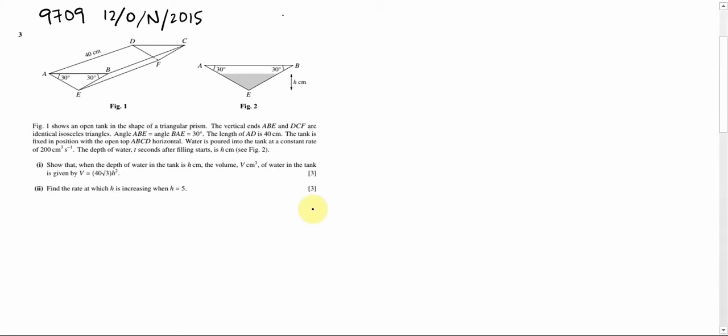So basically we're supposed to prove that the expression of volume is this. Okay, starting with part 1. If I draw a vertical line in this triangle, the whole triangle, and name this vertical line h1, here I also name it h1. Here this is 90 degrees.